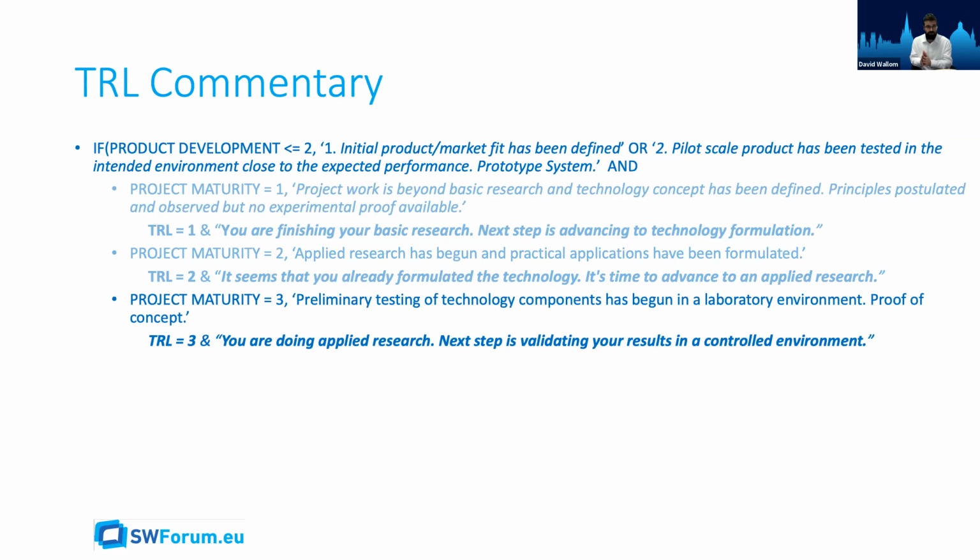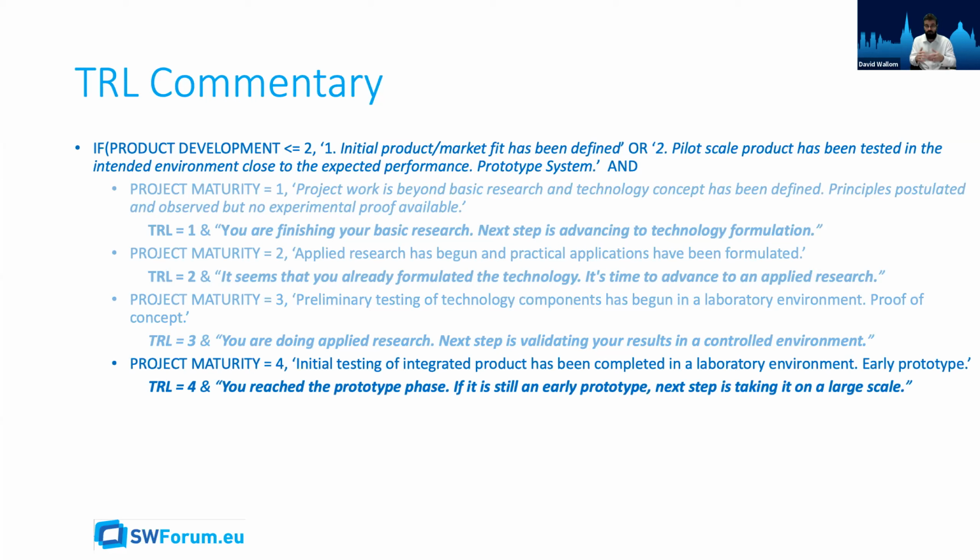When we get to project maturity level 3, so that's preliminary testing of technology components has begun in a laboratory environment, you're doing applied research by definition at that point, and you need to validate those results in your little proof of concept. You need to move to validate those in a broader, more controlled environment that's outside of specifically just your laboratory.